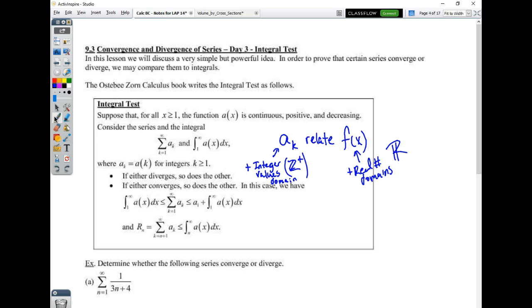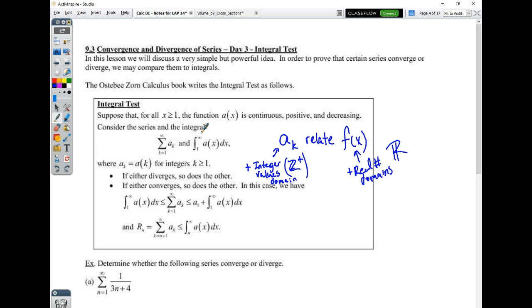All values must be greater than 0 for this to work, and the function must always be decreasing. And if that f of x is always continuous, positive, and decreasing for the x values we're looking at, then that function's integral from 1 to infinity will do one of two things. It will either converge to a value or it will diverge to infinity.